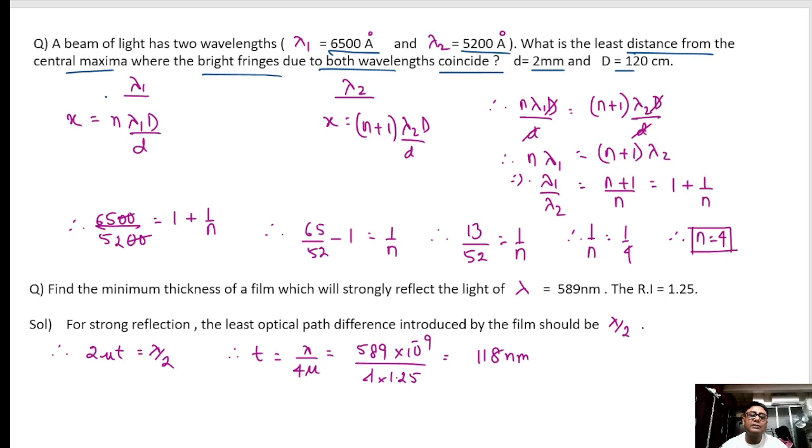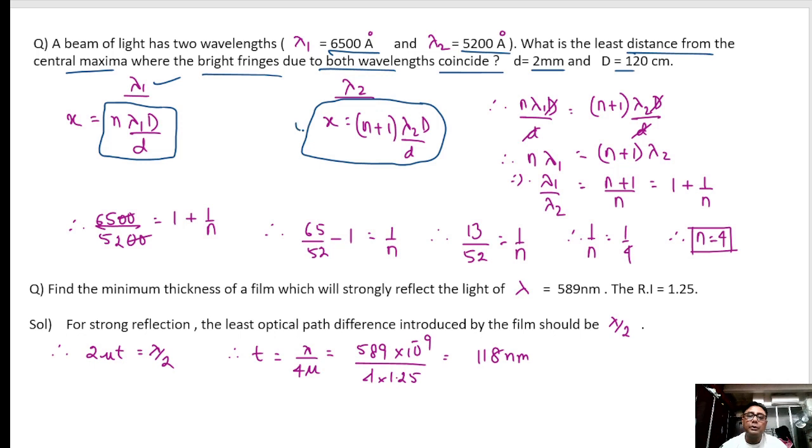So for this wavelength, let the distance from the central maxima be this. For this, let the distance be this. First wait. What is the least distance from the central maxima where the bright fringes due to both wavelengths coincide?